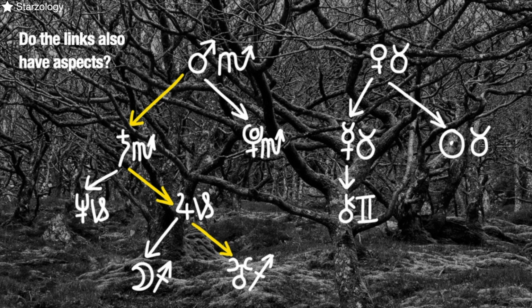This creates a specific chain through the links in his dispositor tree, and those planets, Mars, Saturn, Jupiter and Uranus, would require careful interpretation because they are stronger because of the aspects, not just having links. So there's a clue for an astrologer to look at what these planets represent, what they mean in his chart, and dig a little deeper in those areas.